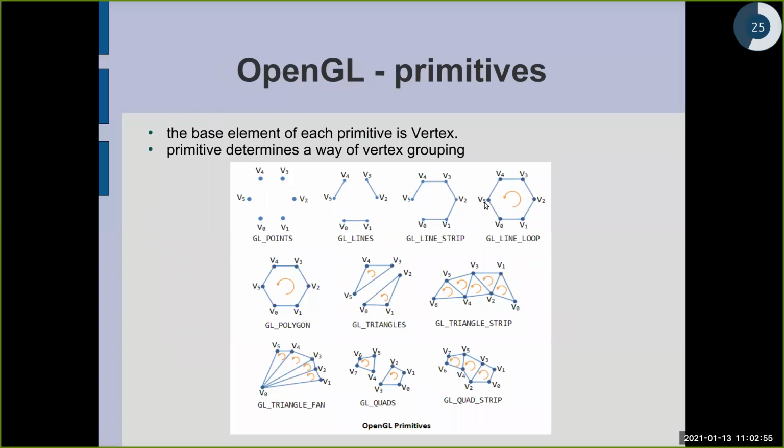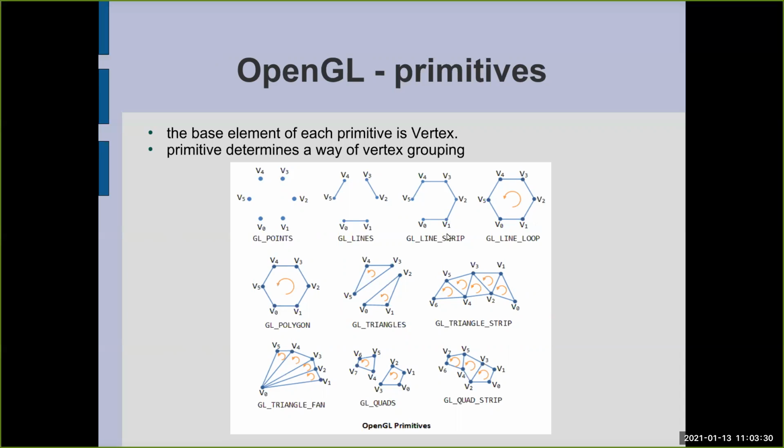So the first thing is what we are able to achieve in OpenGL. So what we are able to draw. In OpenGL, we are able to draw the set of primitives which is listed here. Nothing more. So you can draw a single vertex, a set of lines, a line strip, a GL line loop.